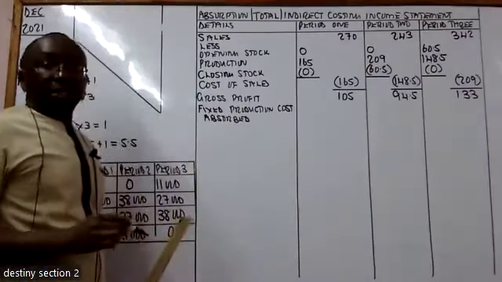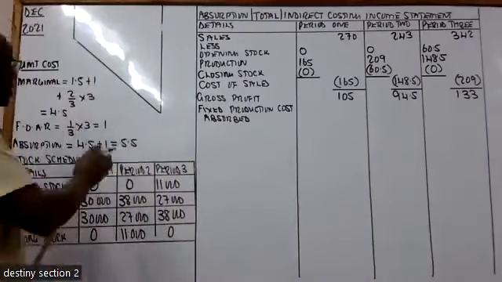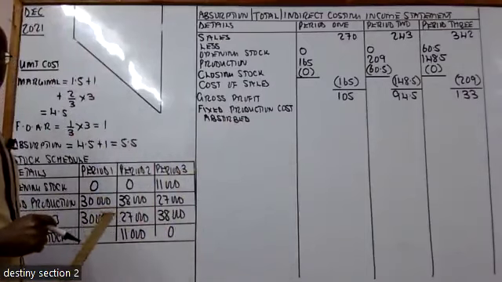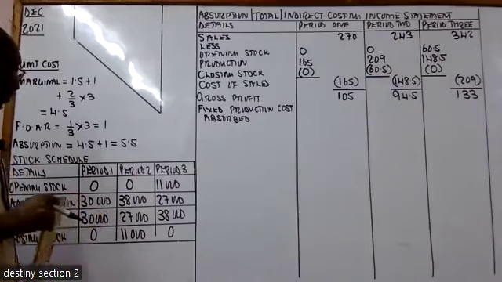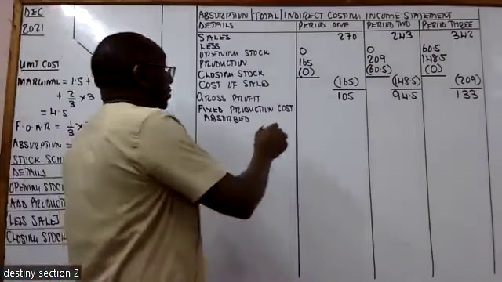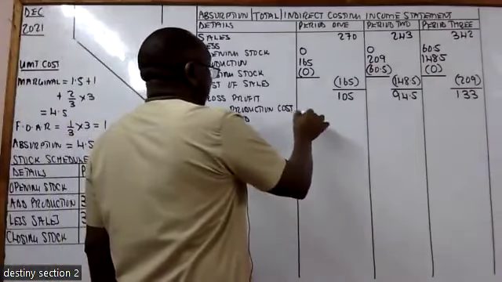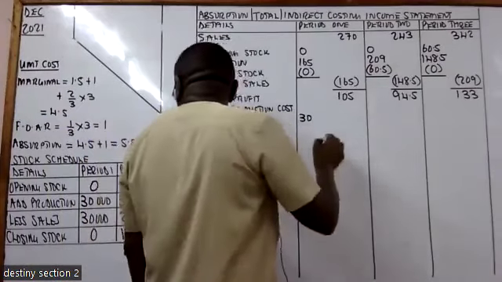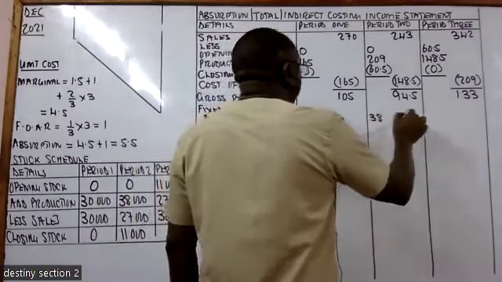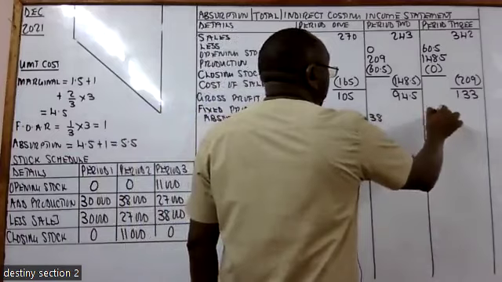Now the absorbed is the OER times the number of units produced. So here when you multiply, this will be 30. Second period, we will have 38. Third period, we will have 27.